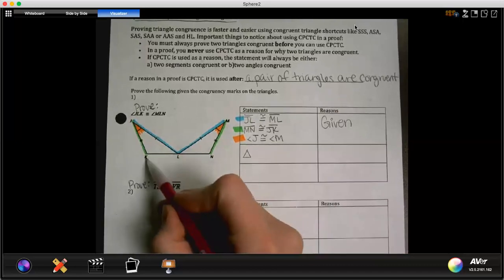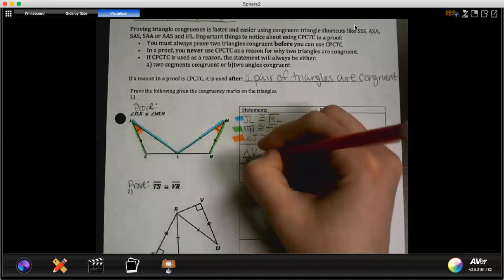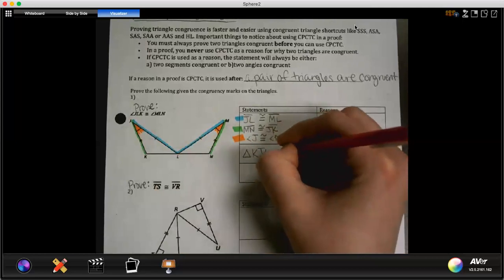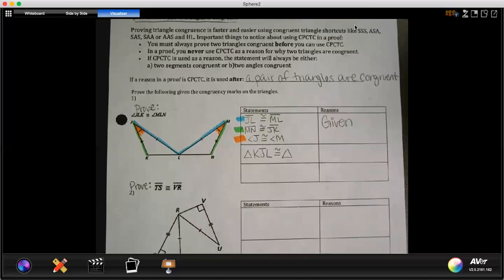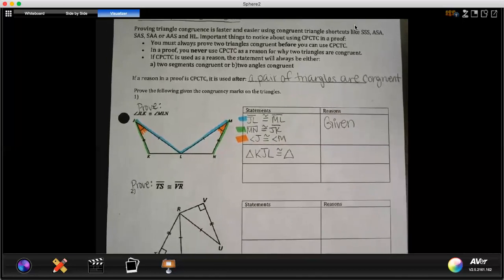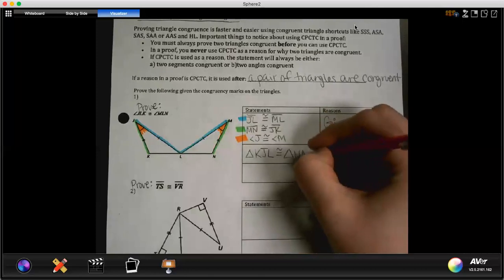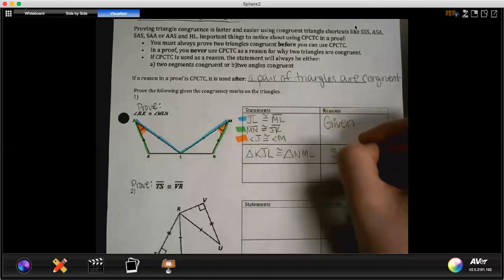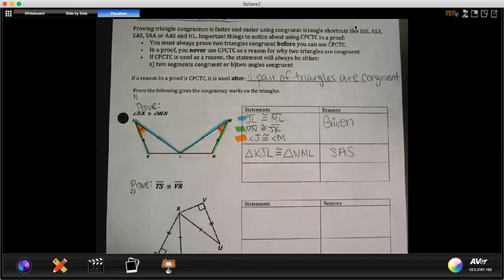So if I start down here at KJL for my first triangle, then my next triangle should be NML. And again, we said we had side, angle, side. Green, orange, blue, side, angle, side.